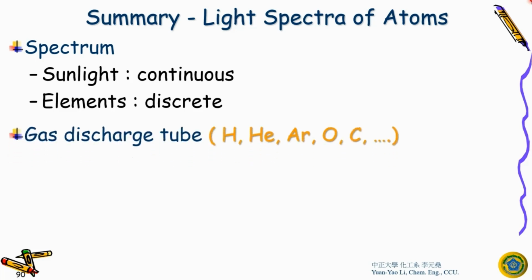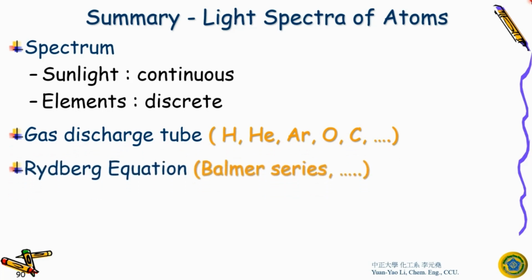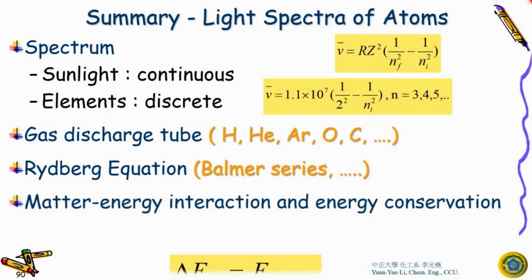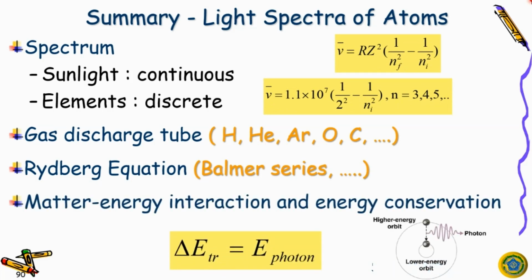For example, you can put any gas into the gas discharge tube and get a different spectrum. And you need to remember the Rydberg equation. In order to know the Rydberg equation, you also need to know matter-energy interactions and energy conservation.